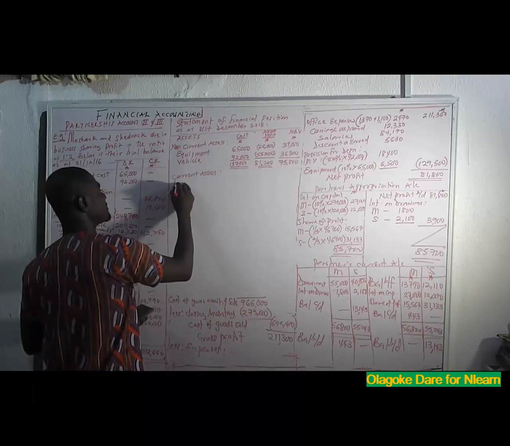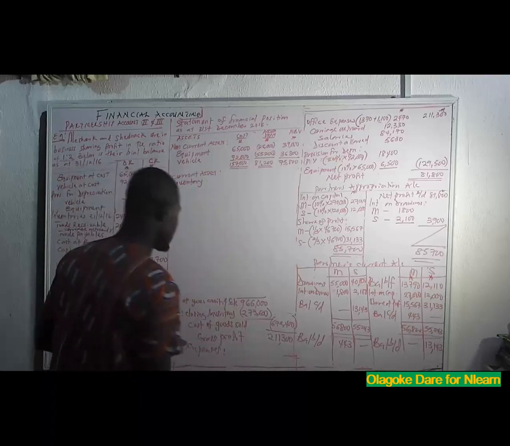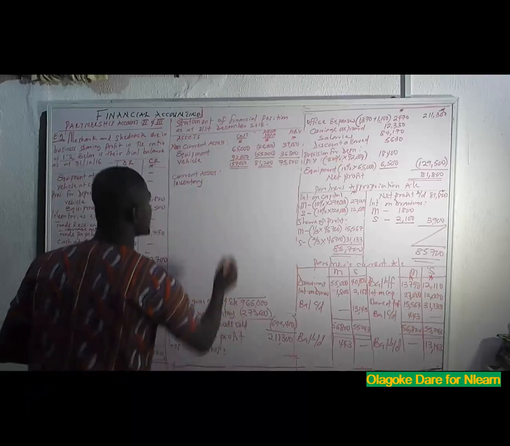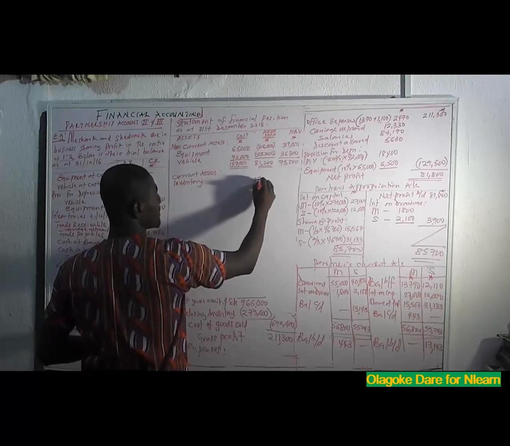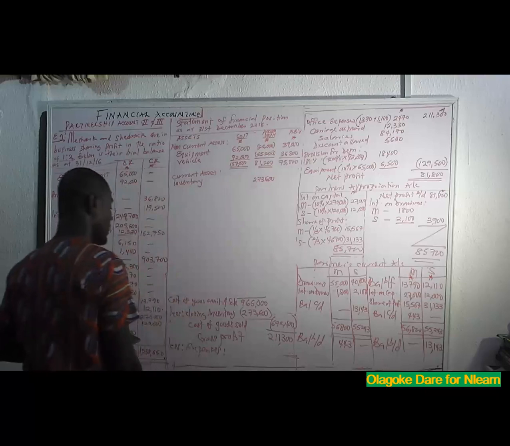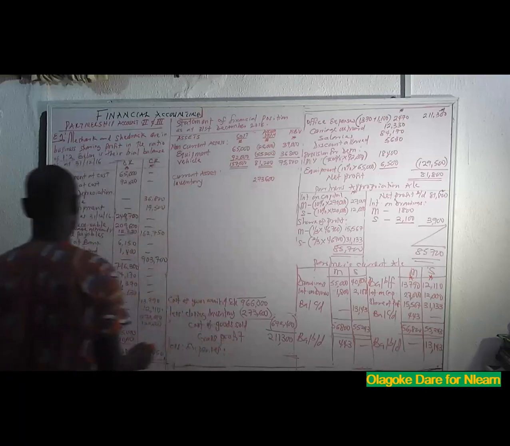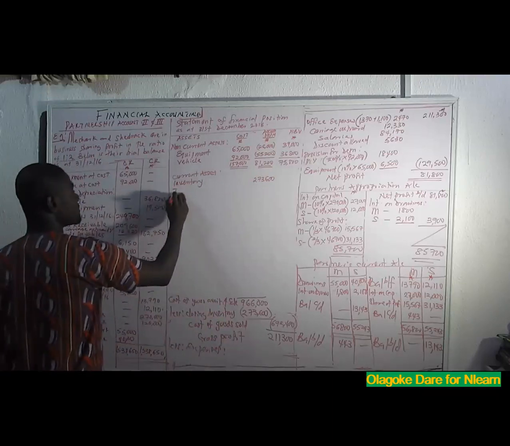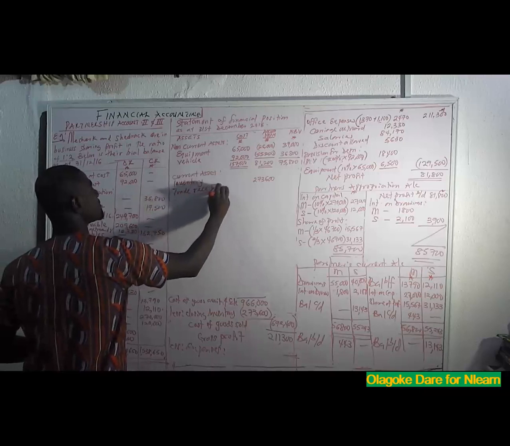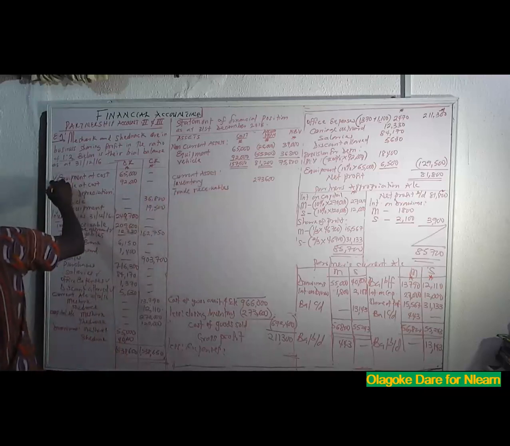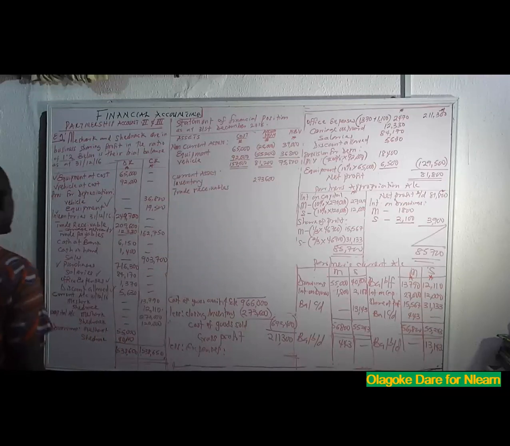So my current assets now: my inventory. My closing inventory is 273,600. What I only need here is my closing inventory. Then my trade receivables. I've used the provision.